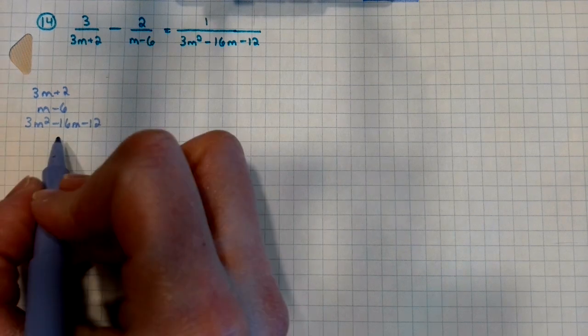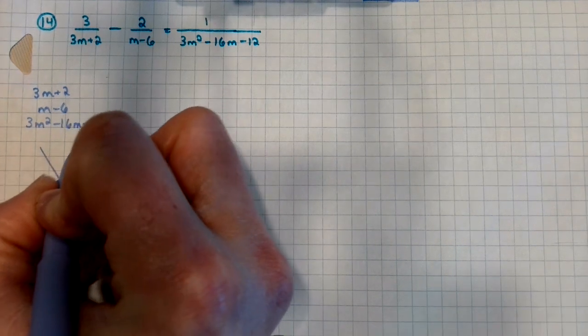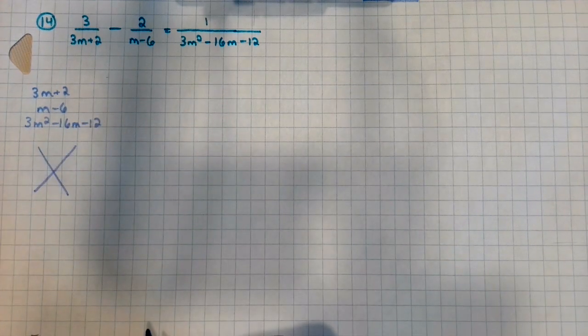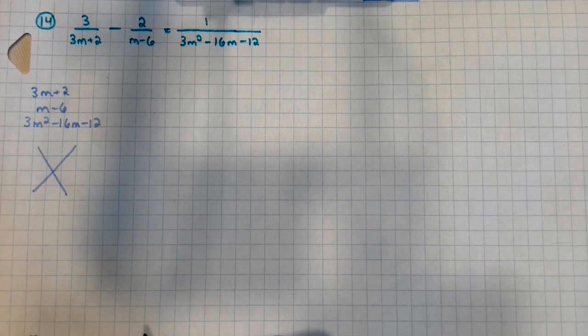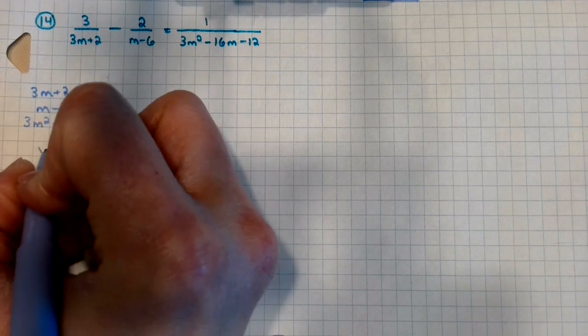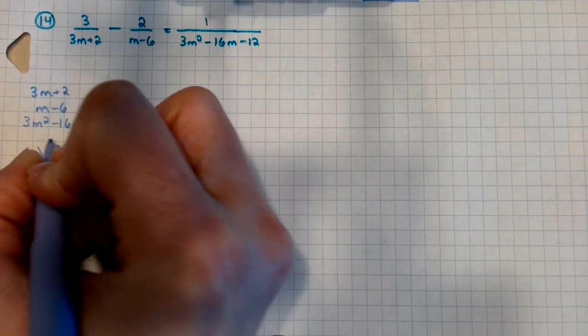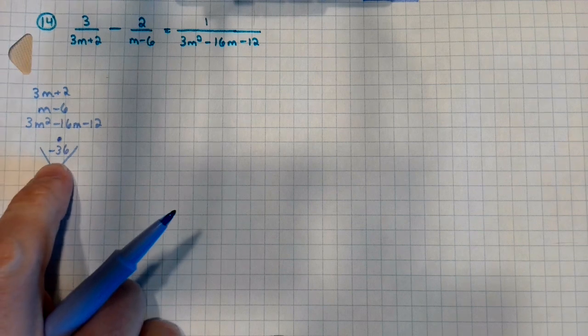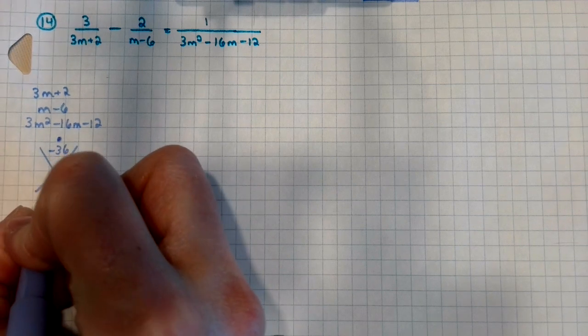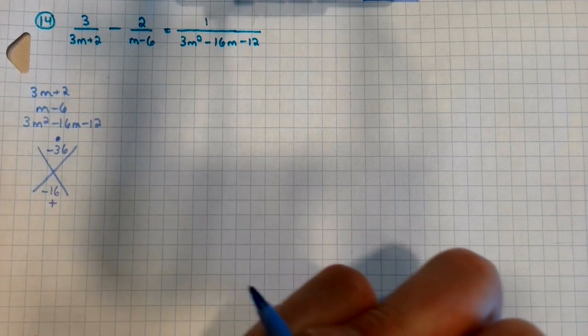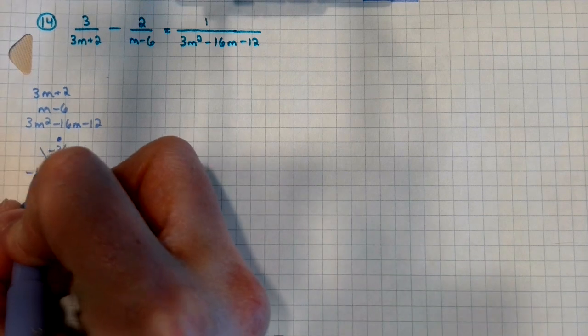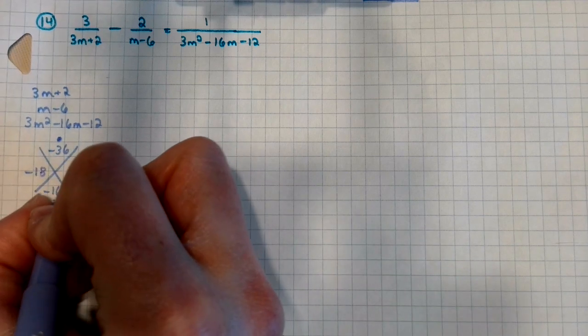We are going to use our x method to help us figure out if there's anything that this can be split into so that we can do factor by grouping. So 3 times negative 12 is going to be negative 36. So we're going to ask ourselves, what do we multiply to get to negative 36, but then add to get to negative 16? And in this case, it's going to be negative 18 and a positive 2.